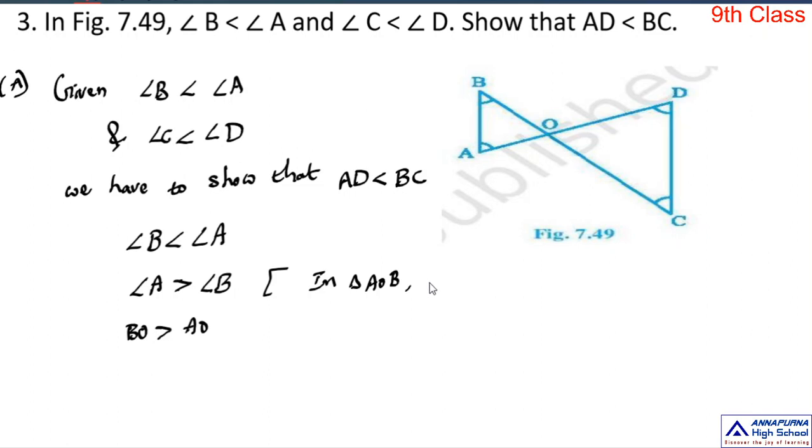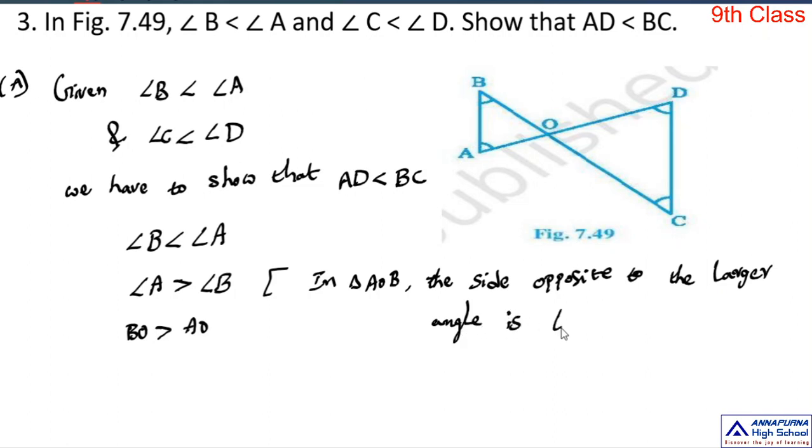In a triangle AOB, the side opposite to the larger angle is longer.